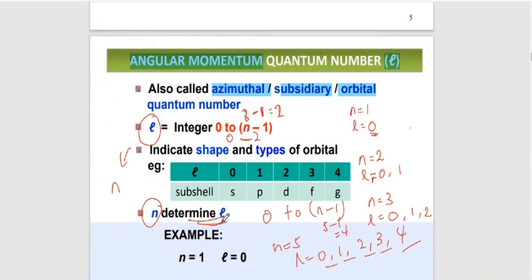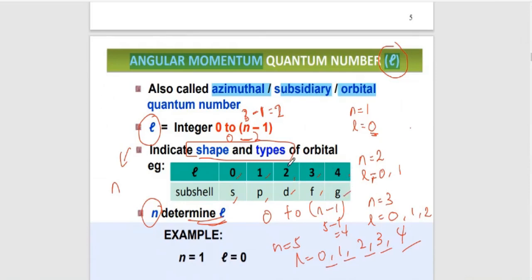Now the second thing. Once you know the value, you have to know the L value. What is the function of the L value? To determine the shape and type of orbital. If you get the value of 0, it is S shape, S orbital. If you get 1, P orbital. 2, D orbital. 3, F orbital. 4, G orbital.